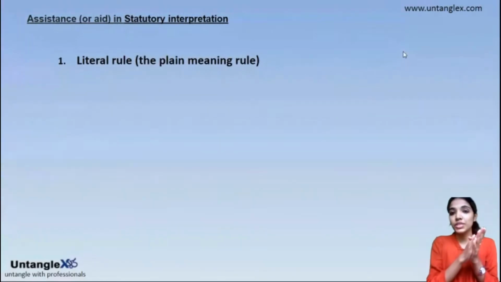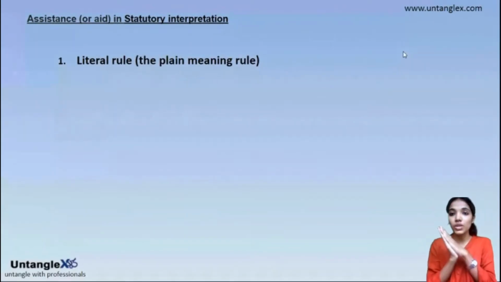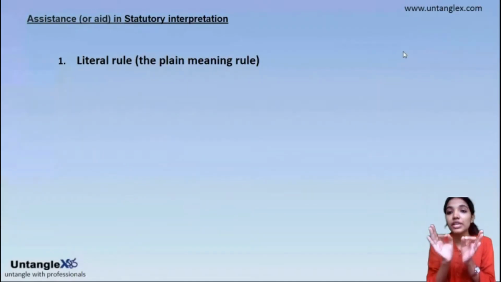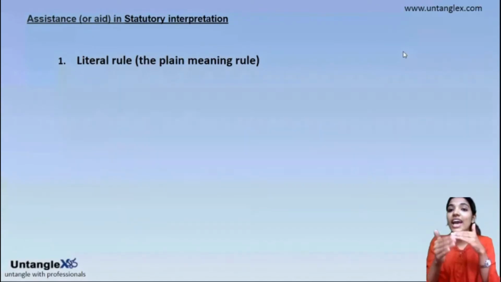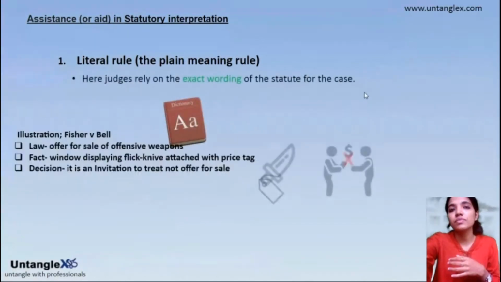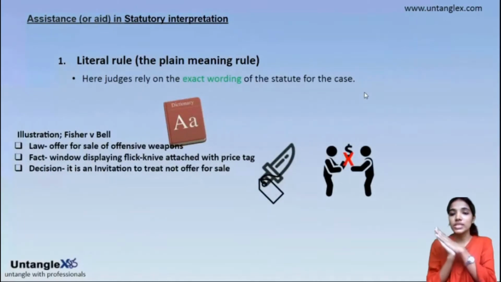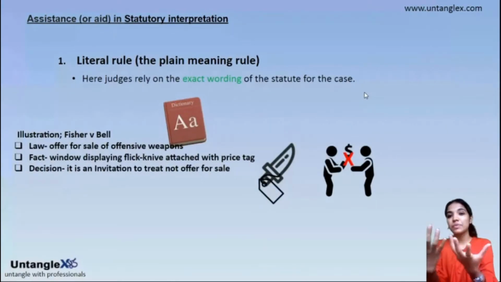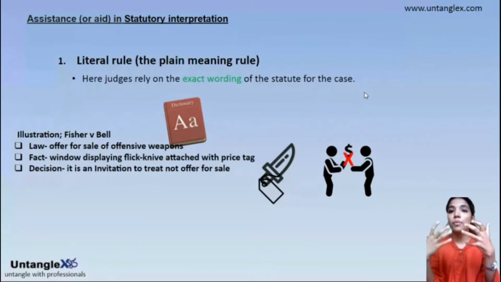So let's go to the first rule, the literal rule. In the literal rule, the judges will look at the exact meaning in the dictionary and apply it in the case. And our first case is Fisher versus Bell. Okay, now when I explain the case law, you will understand more about the literal rule.